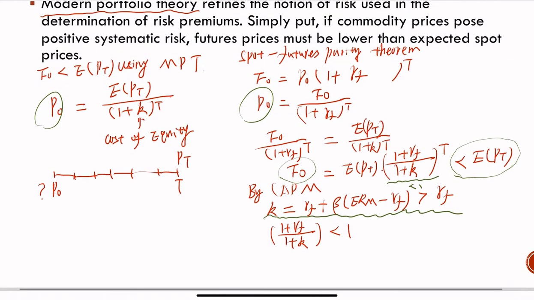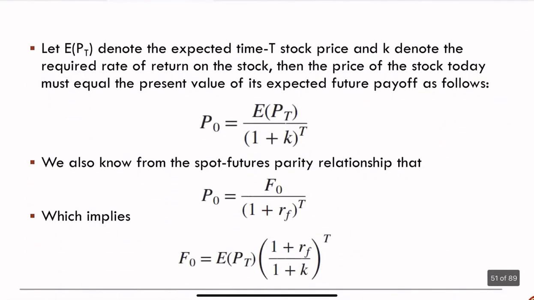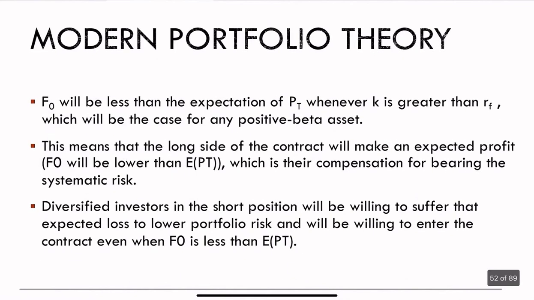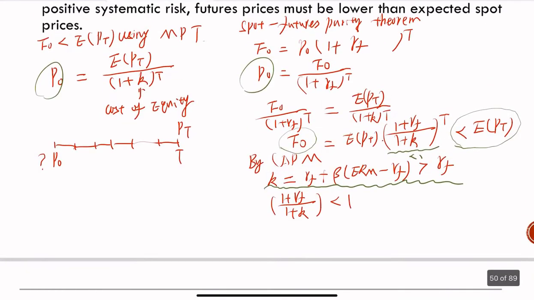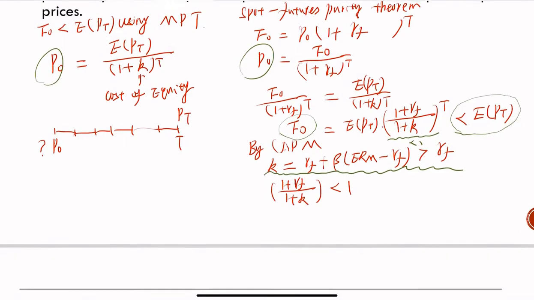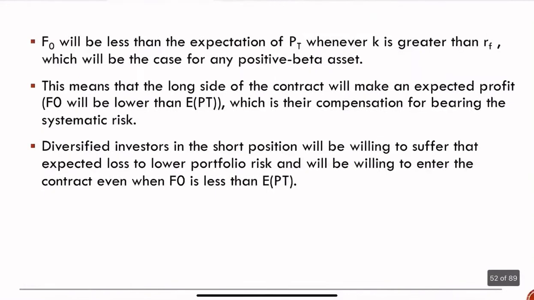So under this modern portfolio theory, we essentially get the same result as we got from the assumption of backwardation, that is, the futures price is smaller than the expected spot price.